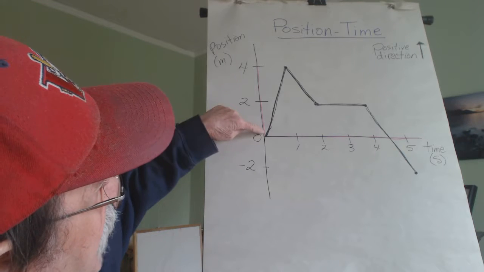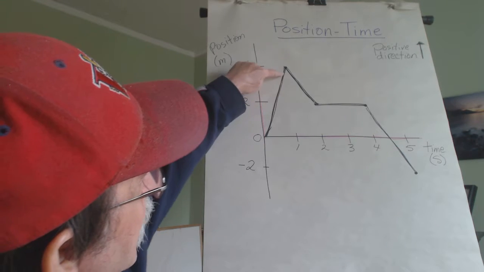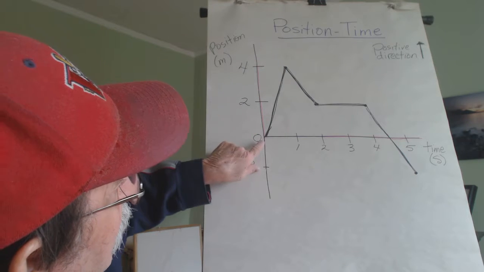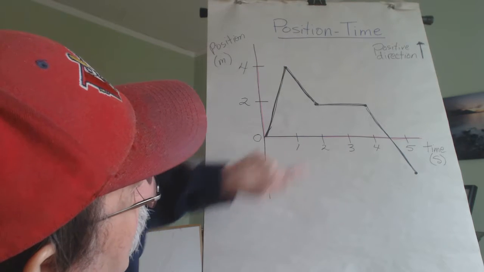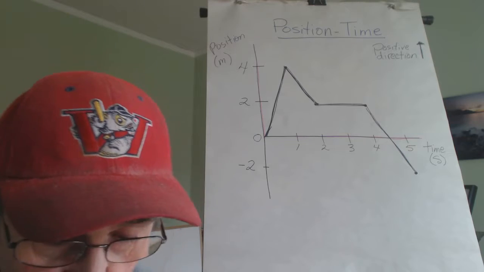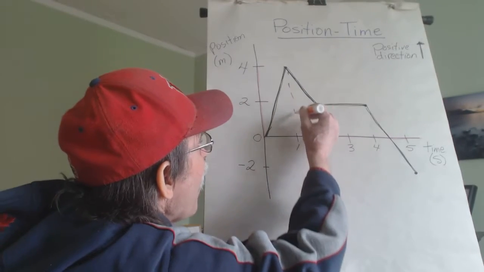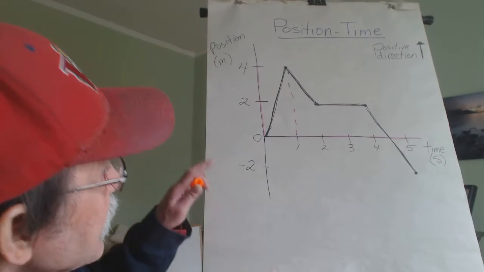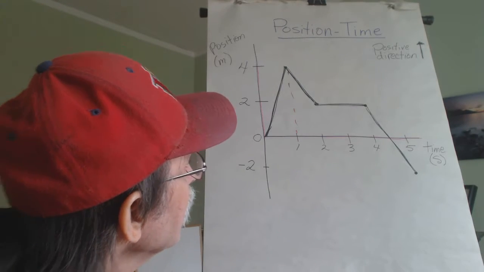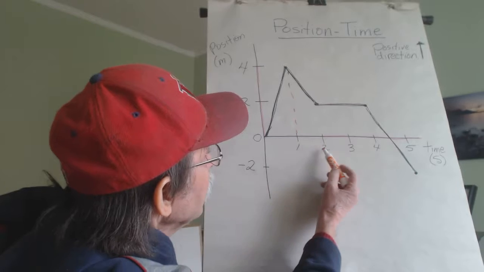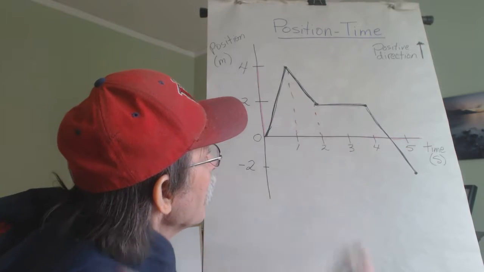First of all, you'll notice that this first segment here, we call it the interval of 0 to 1 second. I'm even going to mark on my graph. That's the first interval. The second interval is from 1 to 2 seconds.